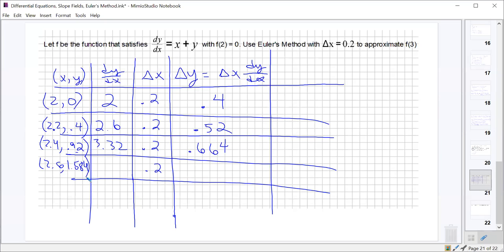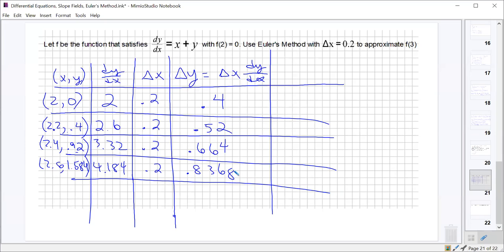Okay. And dy dx then becomes 4.184. And delta y becomes 0.8368. All right, I hope. Everybody at home good with those?